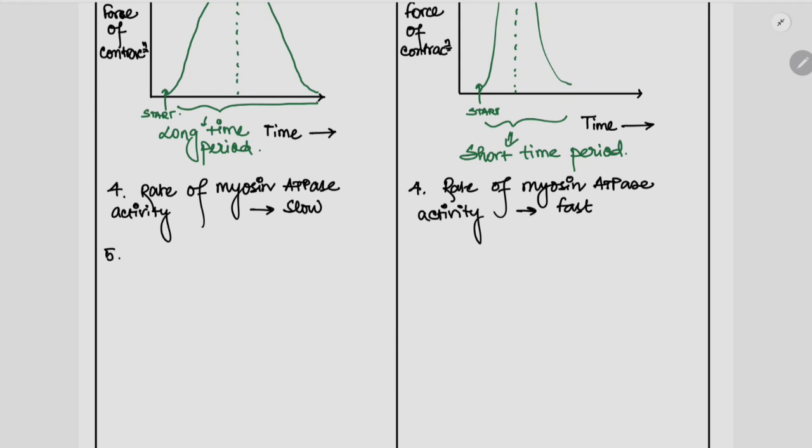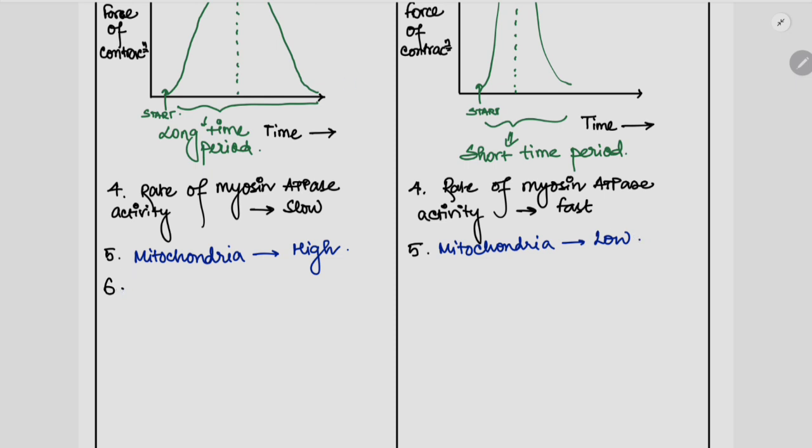Now we will discuss some cell organelles in this difference. Firstly, mitochondria. Mitochondria are high in number in type 1, whereas in type 2 muscle fibers, mitochondria are low in number.